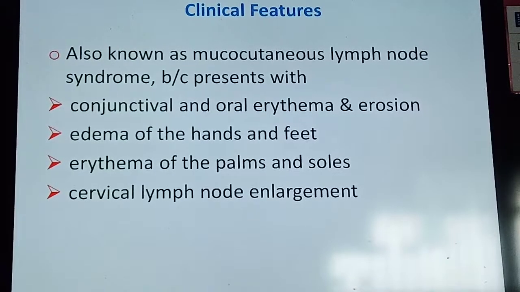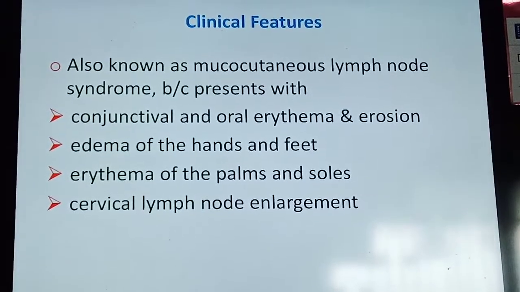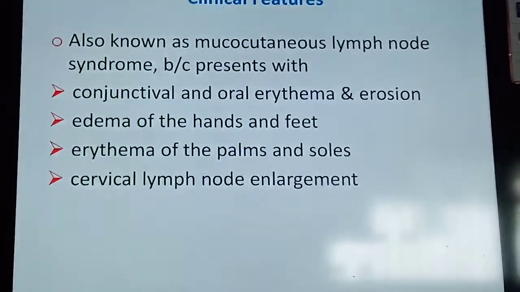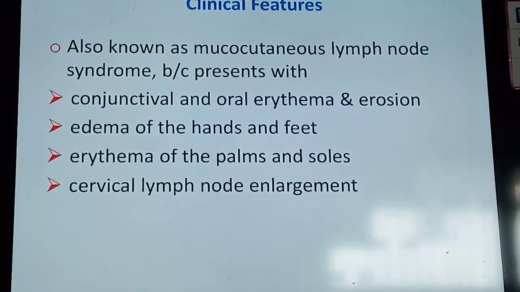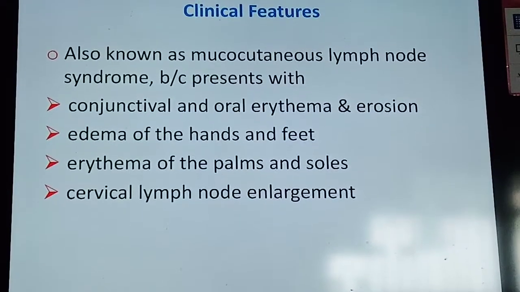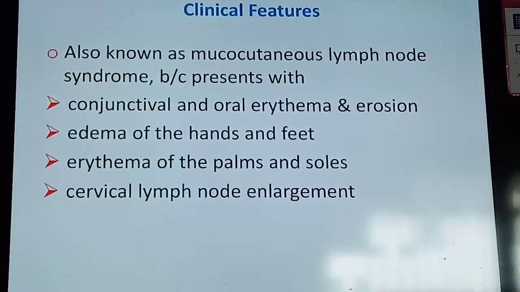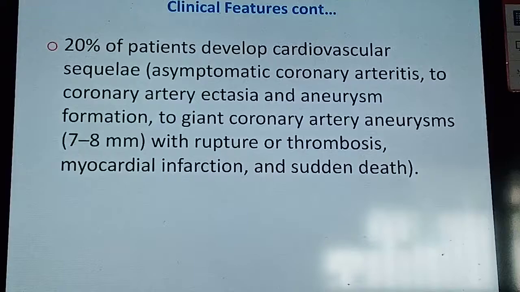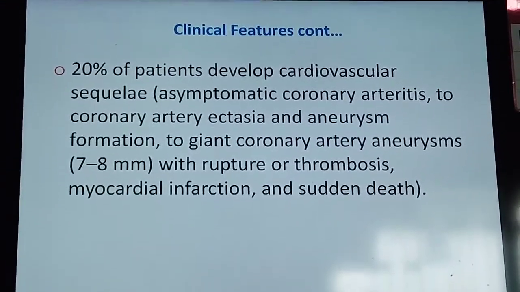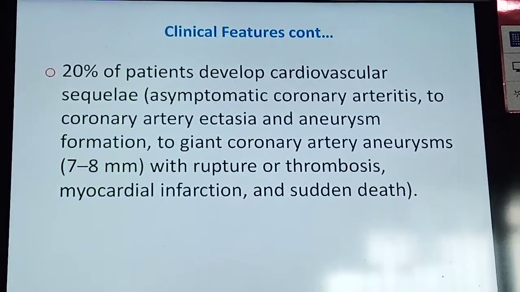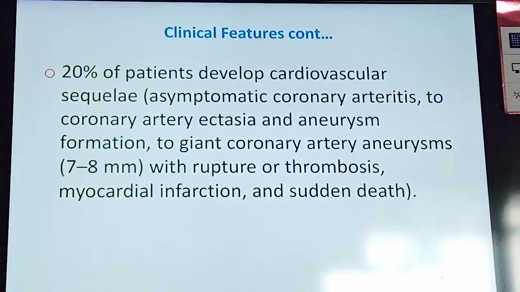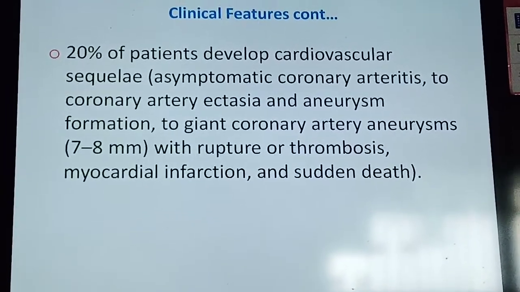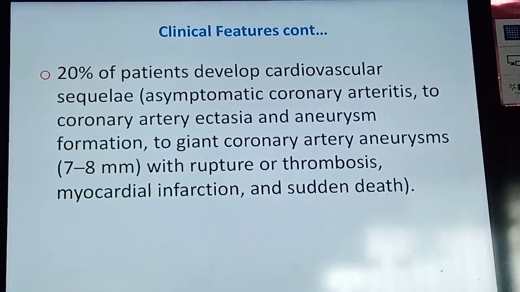Clinical features. Kawasaki disease is also known as mucocutaneous lymph node syndrome because the patient presents with conjunctival and oral erythema and erosion, edema of the hands and feet, edema of the palm and sole, and cervical lymph node enlargement. 20% of patients develop cardiovascular sequelae, from asymptomatic coronary arteritis to coronary artery ectasia and aneurysm formation, to giant coronary artery aneurysm.